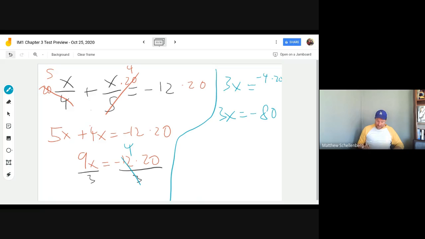Divide both sides by 3, and we get x equals negative 80 over 3. Not super pretty, but, you know, I've seen worse. This, by the way, if you want a mixed number, is minus 26 and 2/3. Hopefully my math is correct, but yes, that's it.